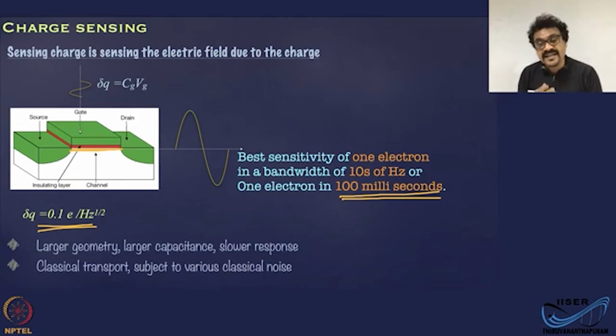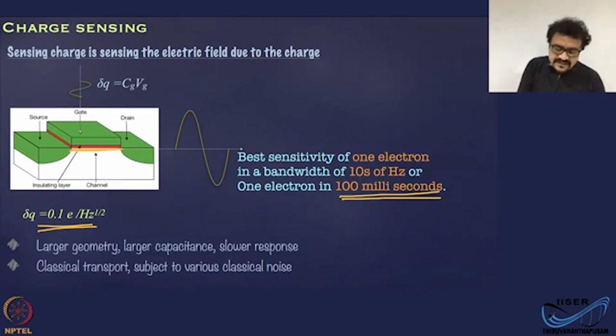So you need that much long time to sense 1 electron. But remember, many of these charge transfer processes happen in nanosecond to picosecond or microsecond time scale. That is how the charge dynamics happen in solids.